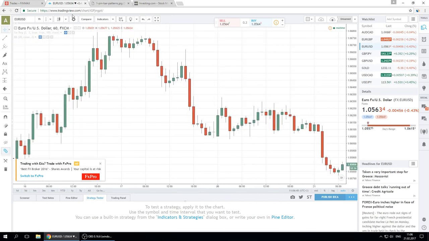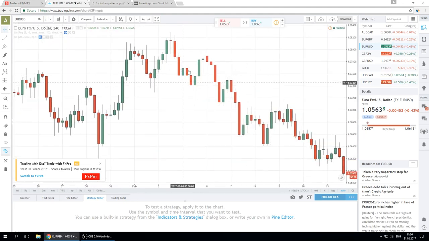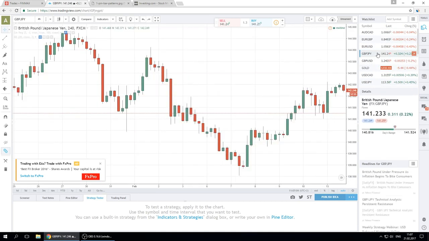So within the recent time we haven't found anything. Well, this one I already showed you. Well, that's pretty good, but it looks more like a doji. We will talk about doji a bit later.